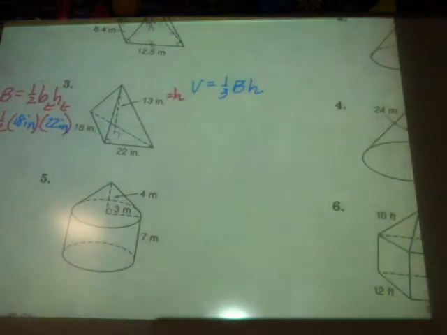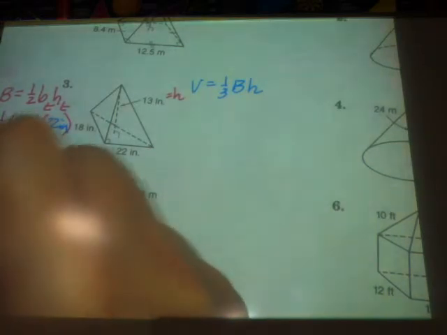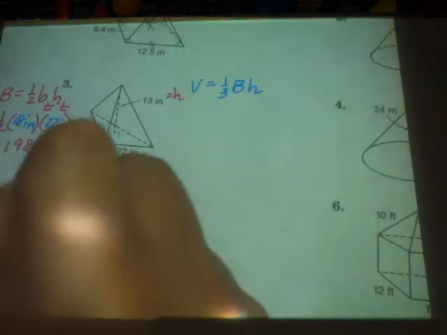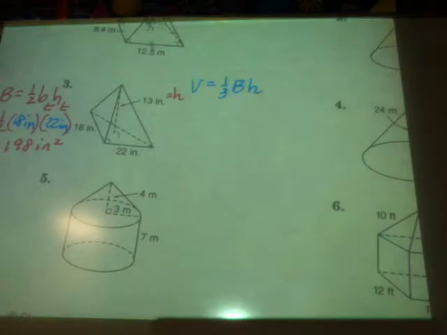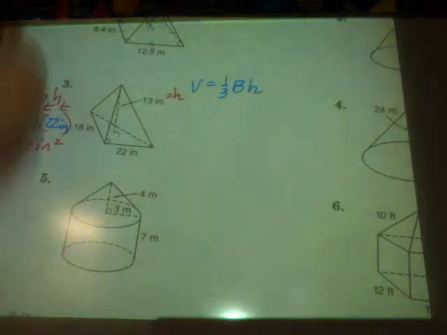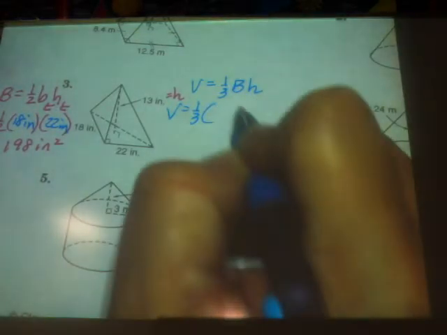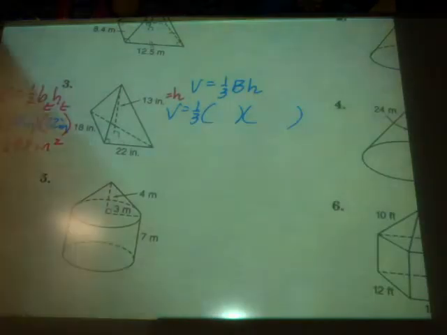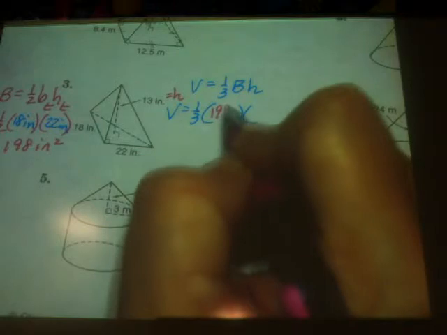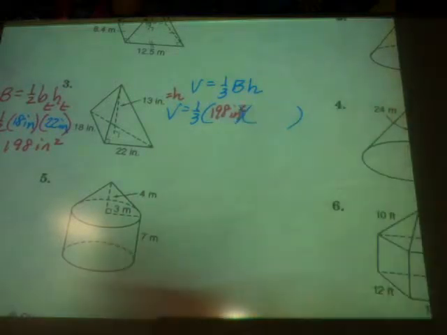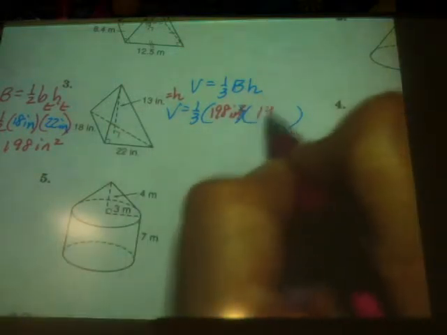Get 198 inches squared. So do I have everything I need? So volume equals 1/3, parentheses, parentheses. For big B, we're putting in 198 inches squared. And for height, we're going to put in 13 inches.